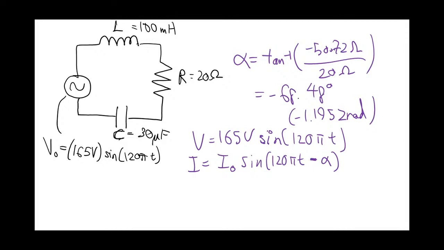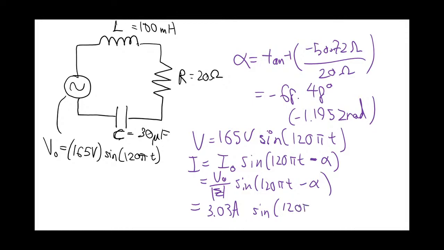Because we think of a positive alpha as giving us a shift to the right, which is V0 over Z sine 120 pi t minus alpha. So then we work that out to be 3.03 amps sine, same omega t minus, which gives us a plus 1.20 radians.